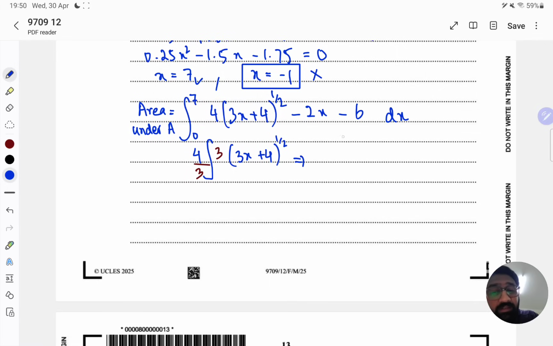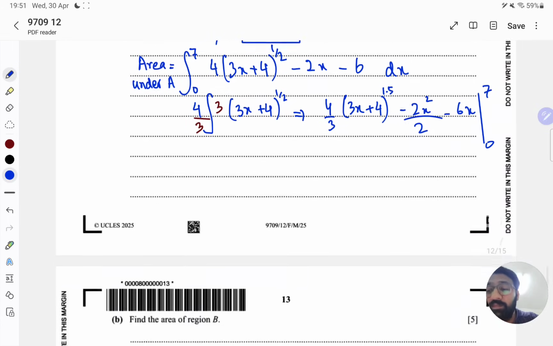The integration will be 4/3 (3x + 4)^(1.5), which is 3 by 2, plus minus 2x² divided by 2 minus 6x, and the limits that we need to substitute is from 0 to 7.